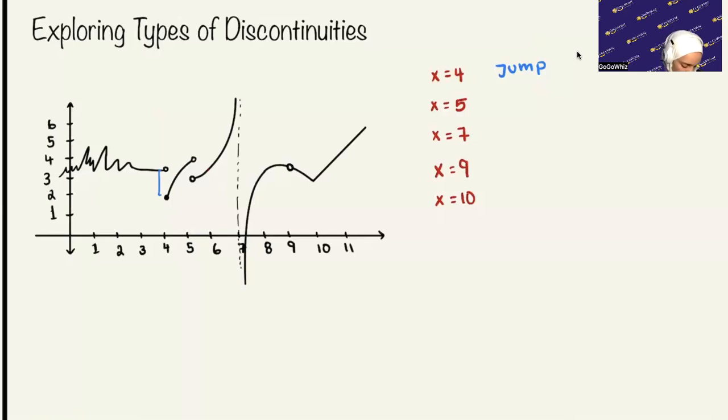Okay. So then over here, we're looking at x is equal to 5, and the function doesn't exist at x is equal to 5. But again, when we're looking at the continuity at this point, we're jumping from one point to another. So the function isn't continuous.